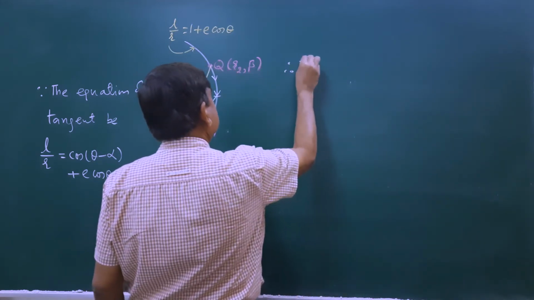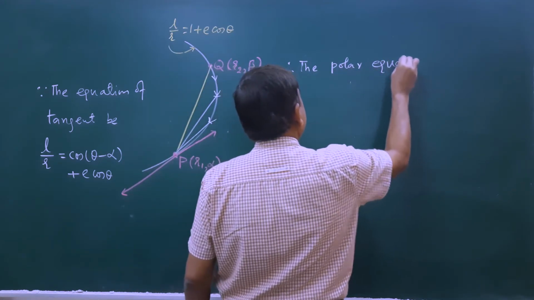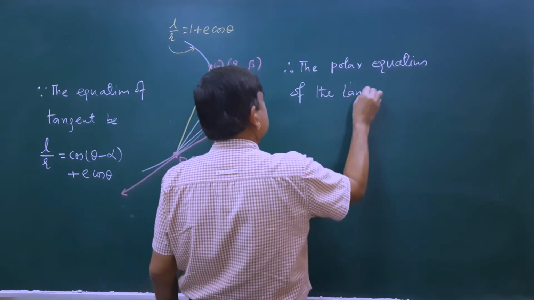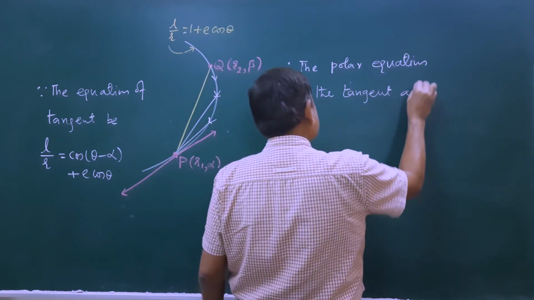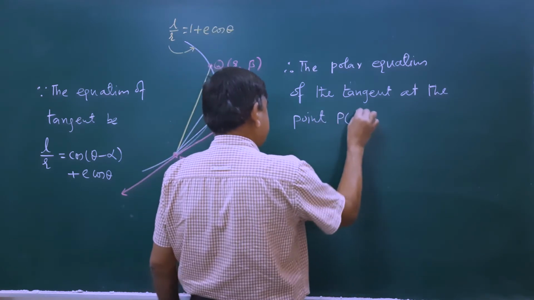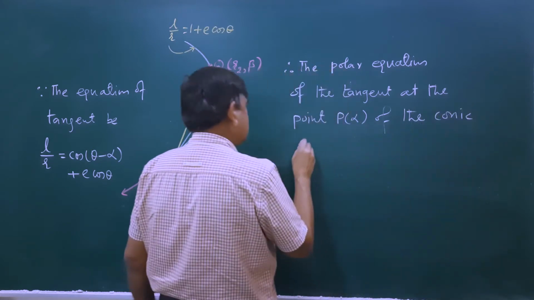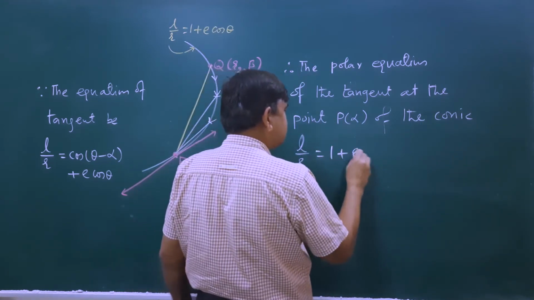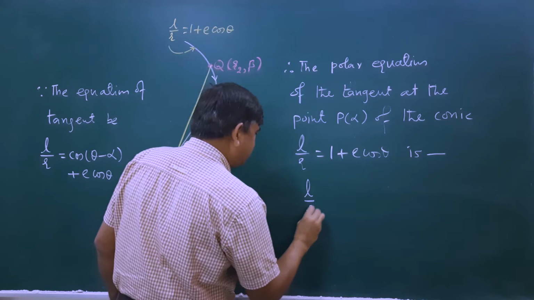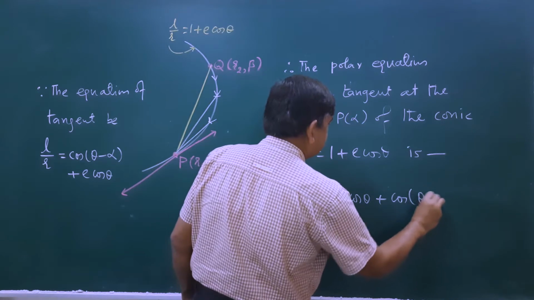Therefore, the polar equation of the tangent at the point P of the conic L upon R equals 1 plus E cos theta is L upon R equals E cos theta plus cos of (theta minus alpha).